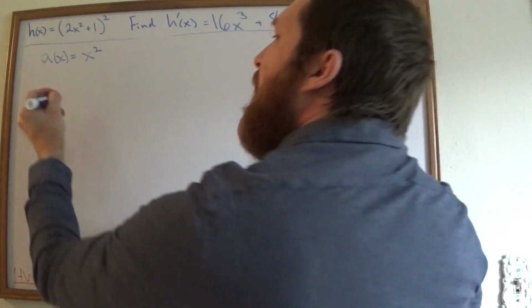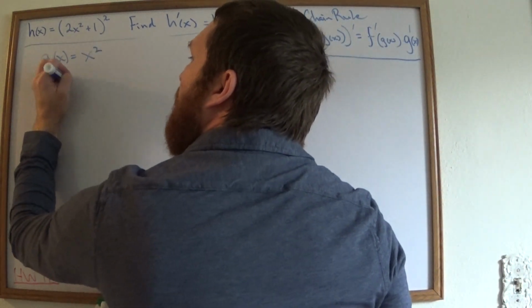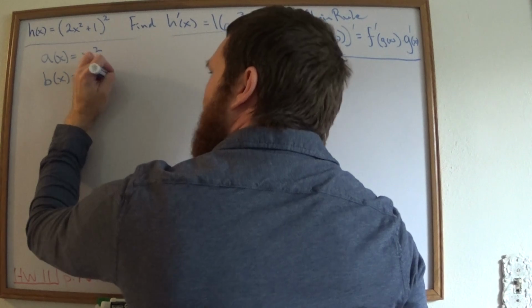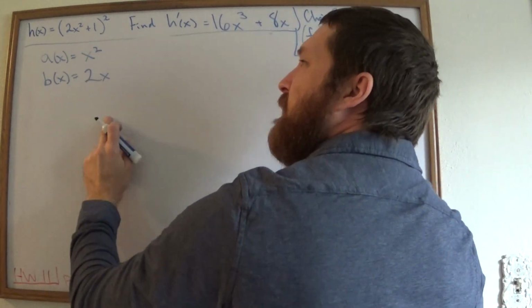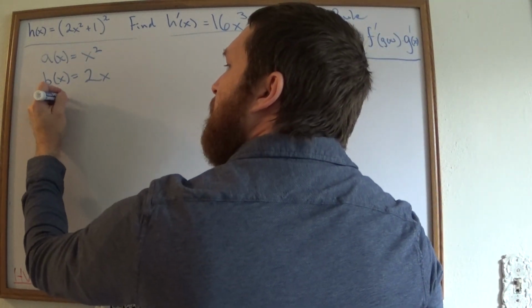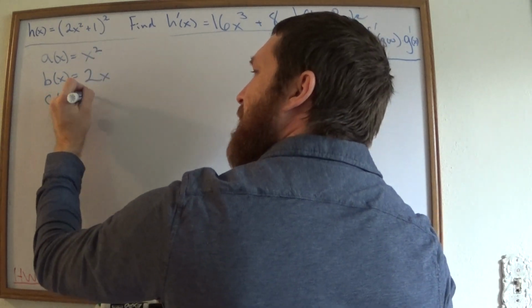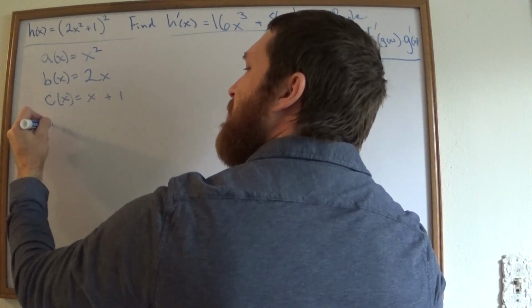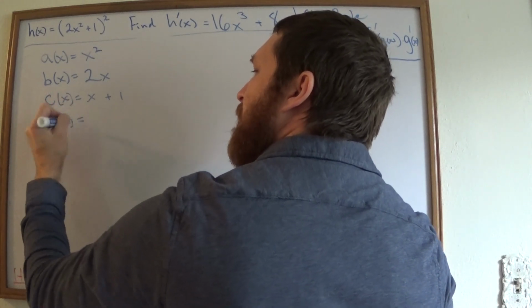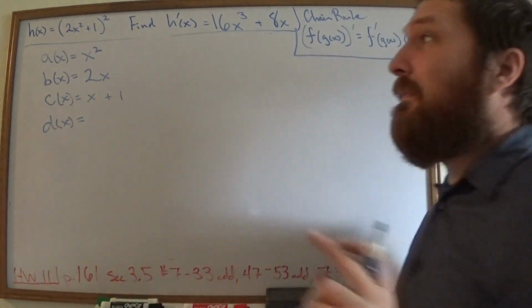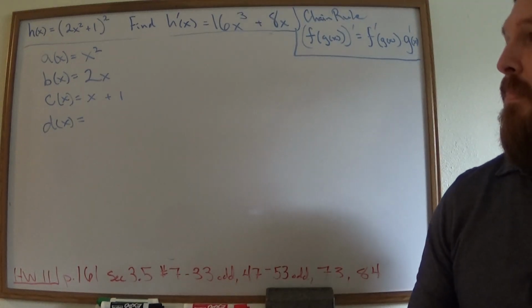Then what do we do with it? Multiply by 2. You take whatever that thing was and multiply it by 2. Then you add 1. Then what's the last thing you do? Square it.